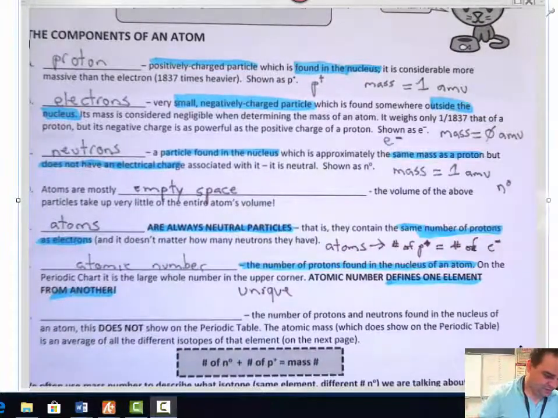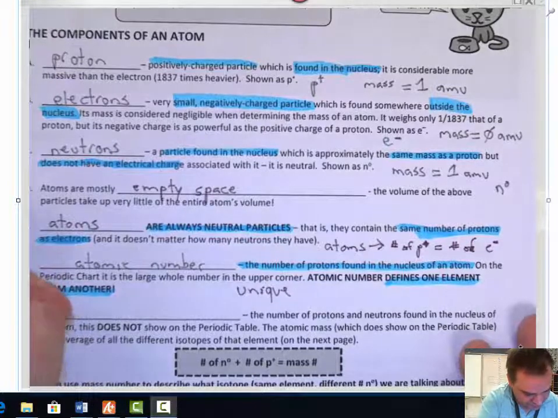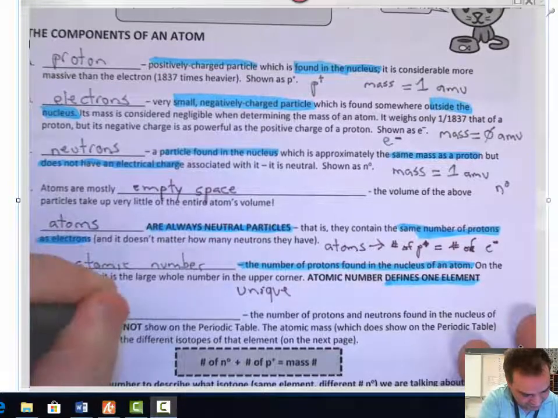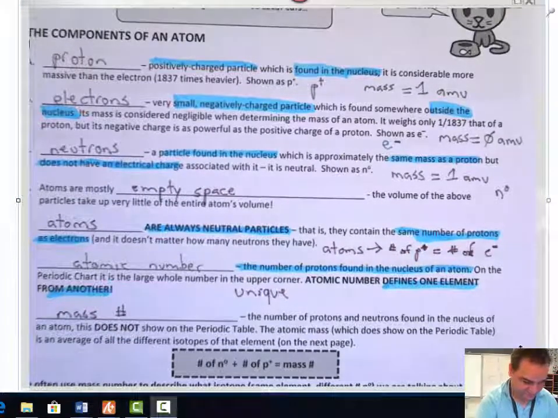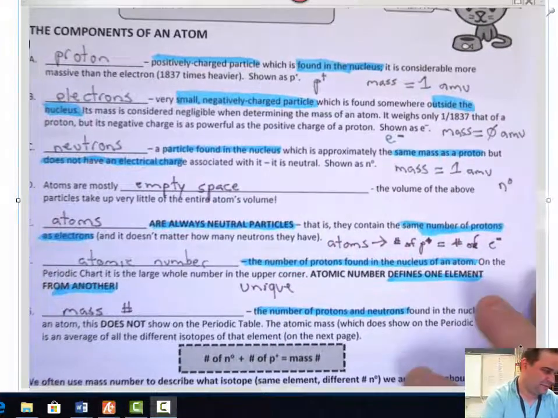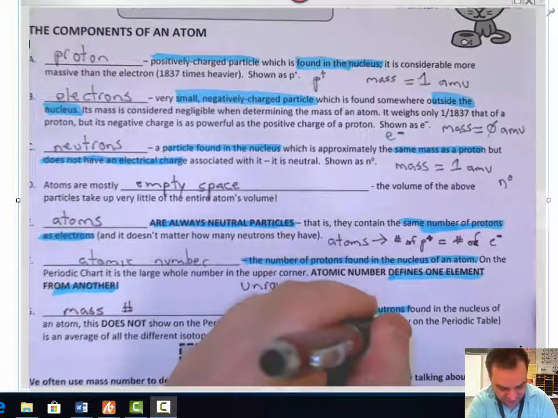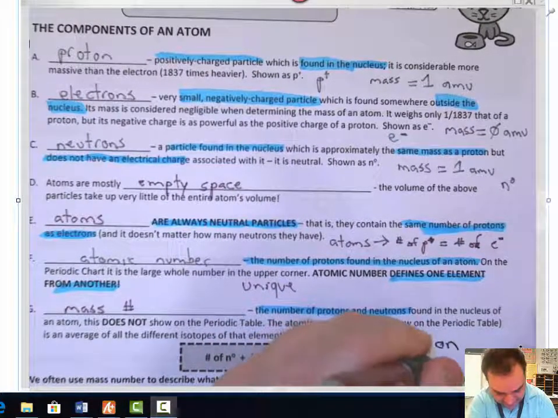Moving on. The next term is the mass number. This is the number of protons and neutrons. A very important fact about mass number: it is not on the periodic table.